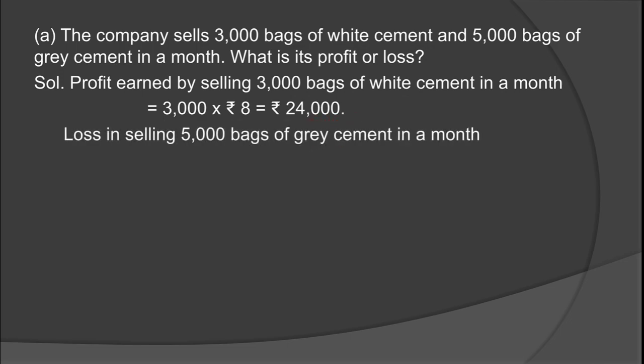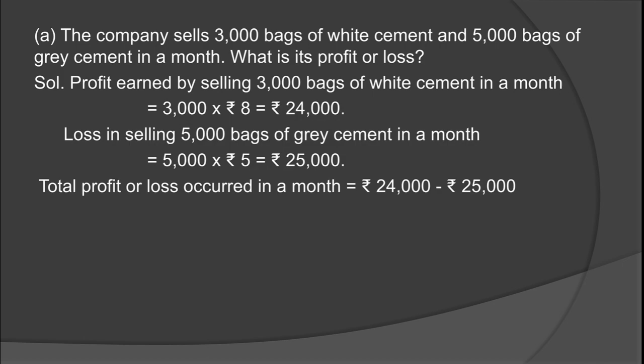Again, loss in selling 5000 bags of grey cement in a month can be written as 5000 into rupees 5, because we know that the company has a loss of rupees 5 in selling every bag of grey cement. So in selling 5000 bags of grey cement, the loss occurred is equal to 5000 into rupees 5, which comes out to be rupees 25,000.